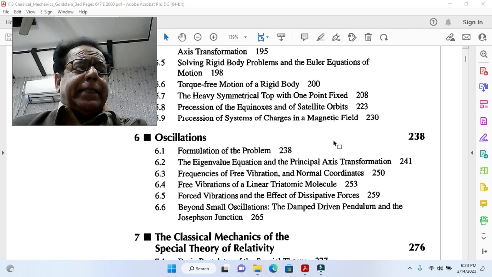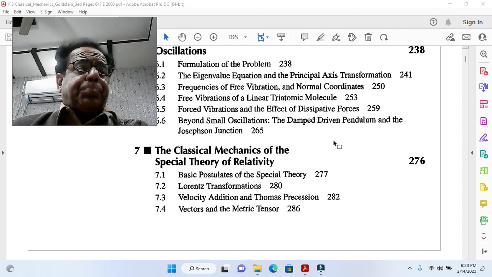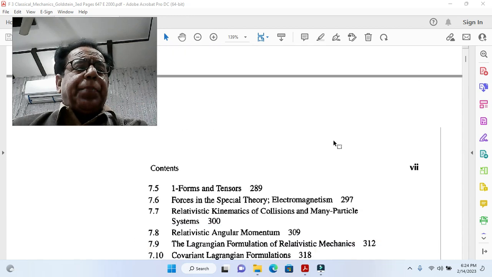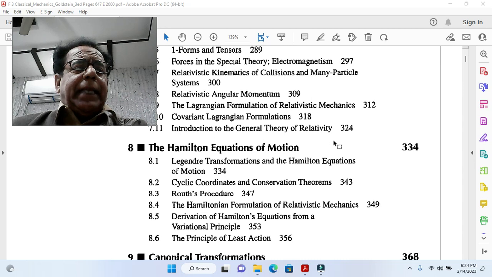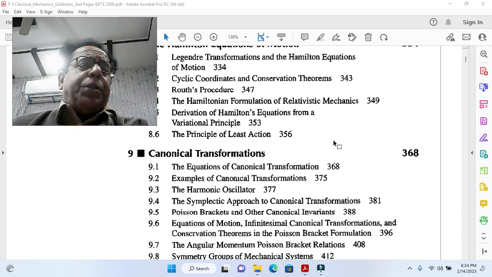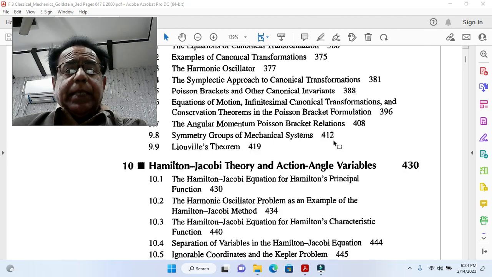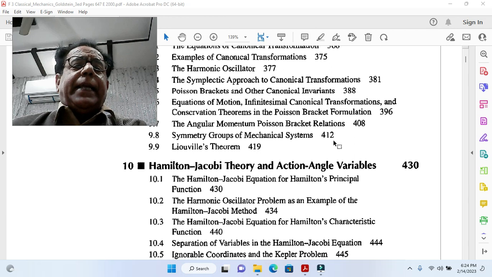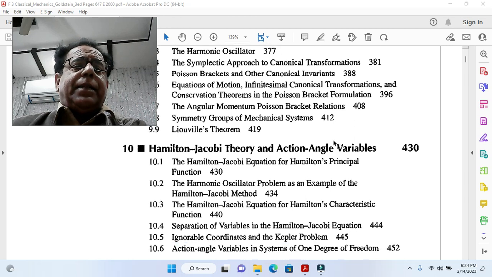Chapter number 6, Oscillations. Chapter number 7, The Classical Mechanics of the Special Theory of Relativity. Chapter number 8, The Hamilton Equations of Motion. Chapter number 9, Canonical Transformations. Chapter number 10, Hamilton-Jacobi Theory and Action-Angle Variables.